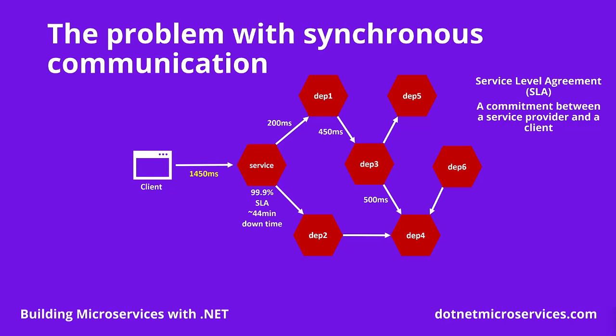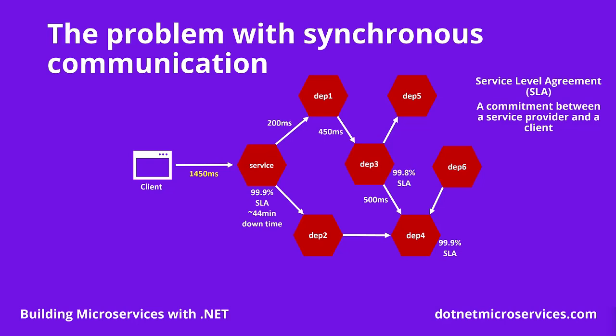However, when using synchronous communication, calculating such numbers for our service SLA gets more complicated. Our deepest dependency is also advertising a 99.9% uptime in their SLA. And let's say that all of the services initially advertise that same value. However, in our scenario, when dependency 4 fails, it impacts the SLA of dependency 3, which now sets its SLA down to 99.8%.